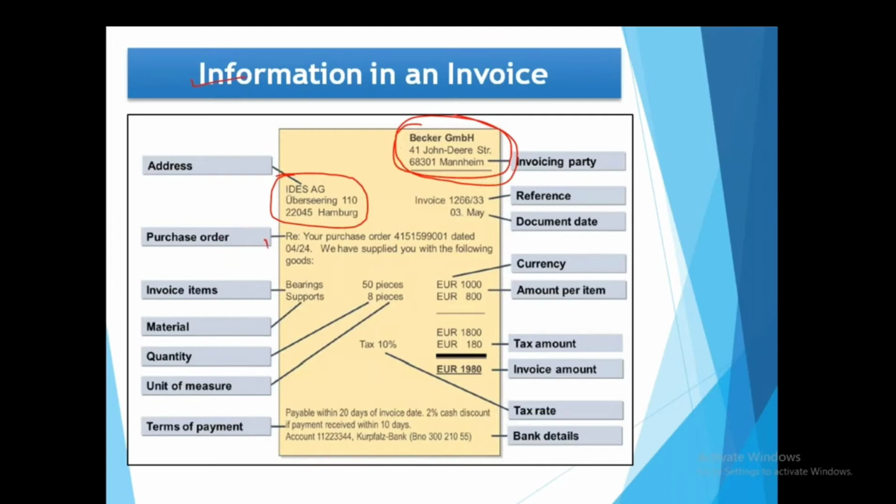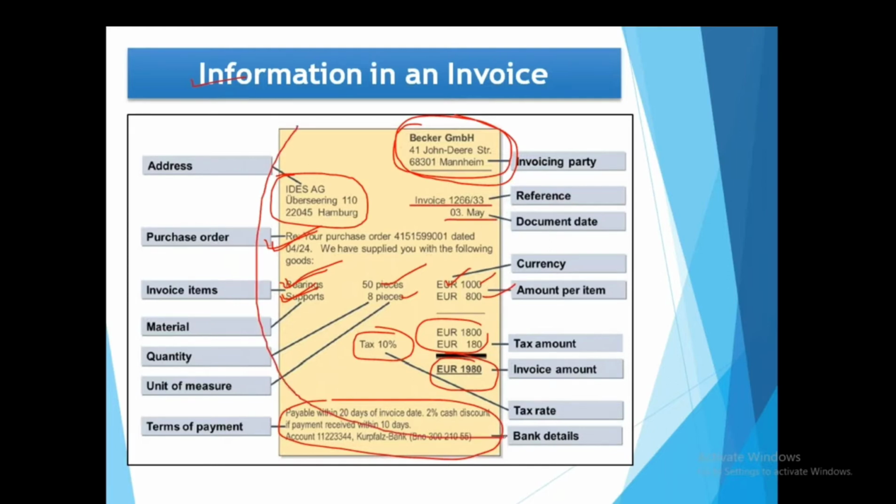It will contain the purchase order data, what items are supplied by the vendor, the quantity, the currency, the amount per item, and the tax and total tax amount and total invoice amount. And the terms of payment. All this information will be available in the invoice. Invoice reference number, invoice date, all those things you can see in the invoice.